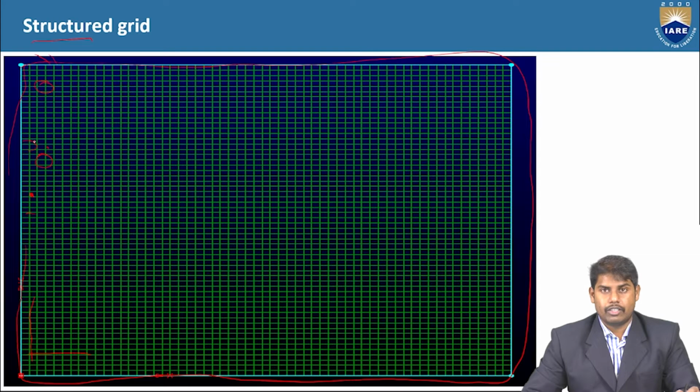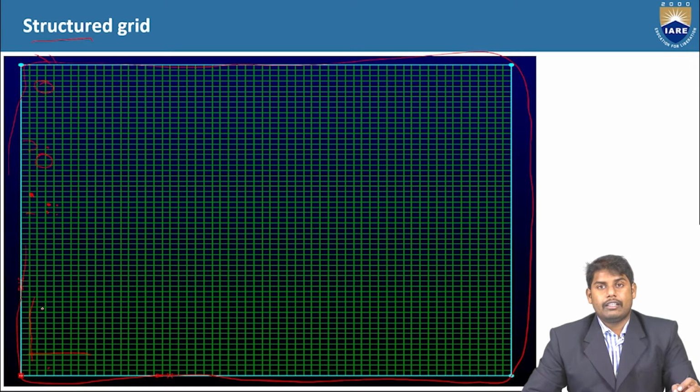There are different terminologies. The smallest entity of this structure is a grid point. The combination of grid points gives rise to a cell. There are so many cells and so many grid points.